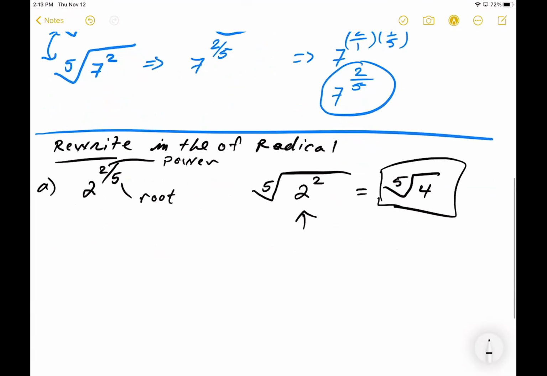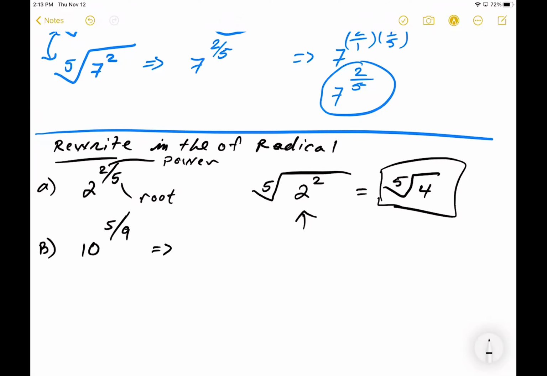And the other thing they have is the same thing. They can give you something in this nature, let's say 10 raised to 5 over 9. If we have 10 raised to 5 over 9, how can you convert this to radical form?